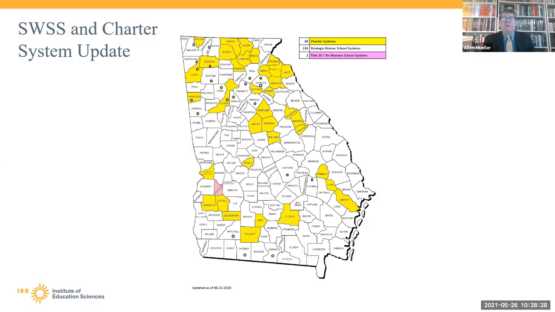The other 130 districts in Georgia that are not charter systems are called strategic waiver systems. Strategic waiver systems also have performance contracts, but those performance contracts, rather than conferring the entire amount of flexibility allowed by law, outline very specifically what the flexibilities are that are to be granted.